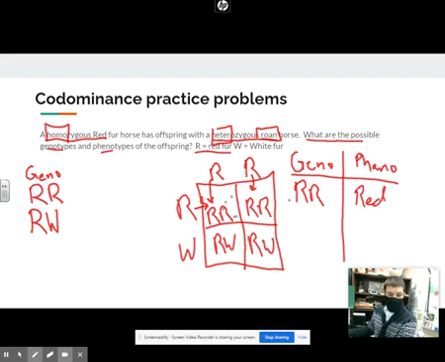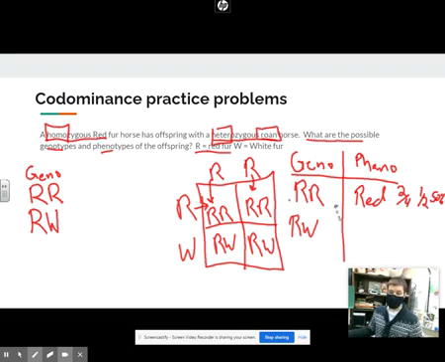And if we want to throw the percentage on here, 2 of the 4, or 1/2, or 50%, I'm running out of room here. All of those mean the same thing. 0.5, you could say that too. Half the offspring would likely be red. And now I've got the genotype RW, and RW is going to be a situation where red is produced and white is produced.